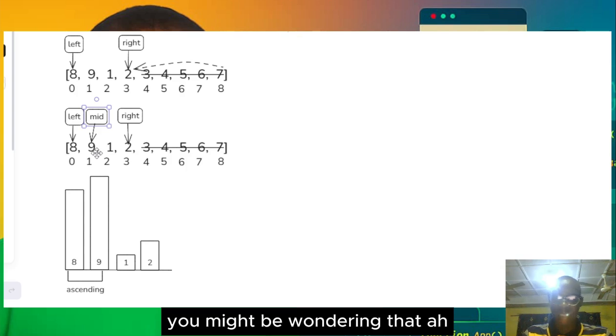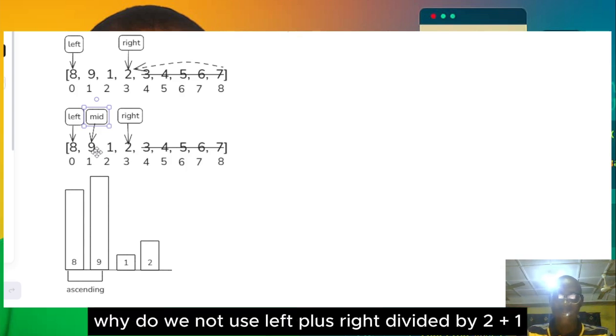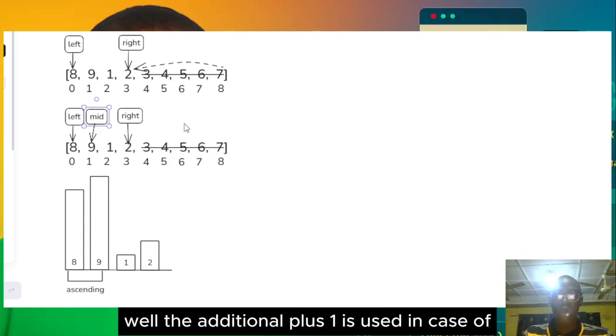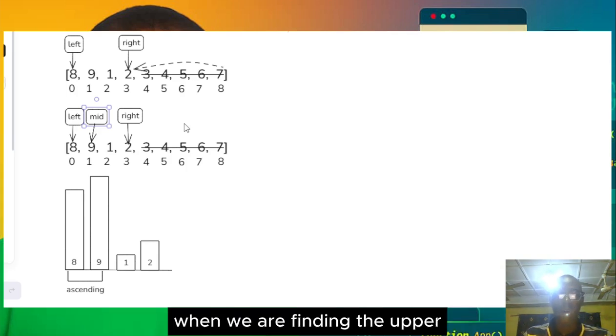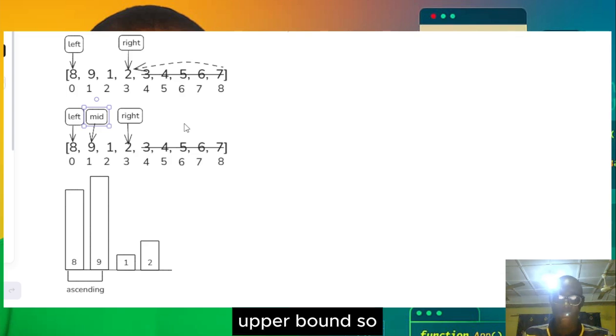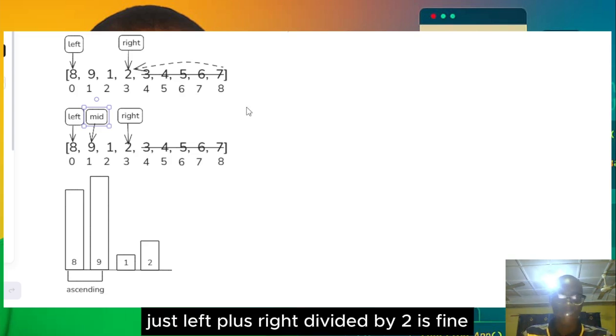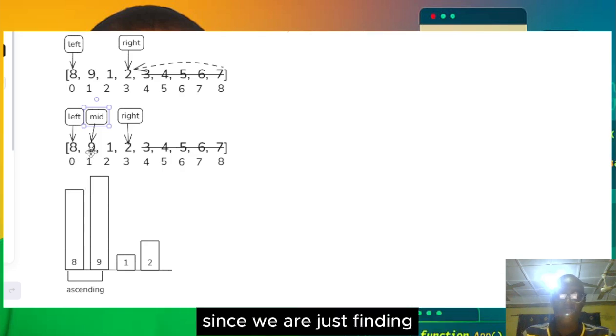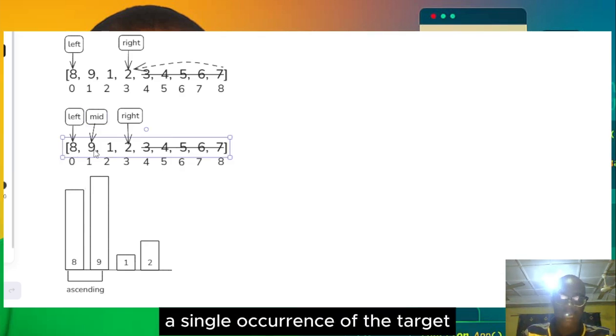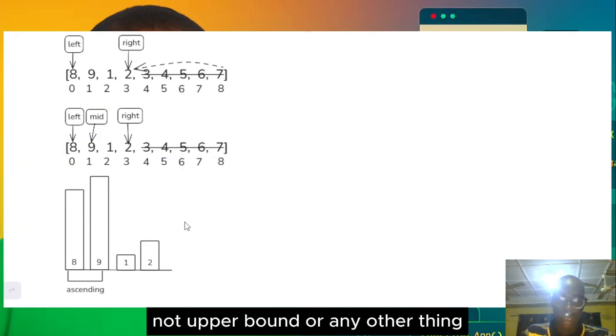You might be wondering why we do not use left plus right divided by 2 plus 1? Well, the additional plus 1 is used when we are finding the upper bound. Since we are not finding the upper bound, there's no need to use mid equals left plus right divided by 2 plus 1. Just left plus right divided by 2 is fine, since we are just finding a single occurrence of the target, not upper bound or any other thing.